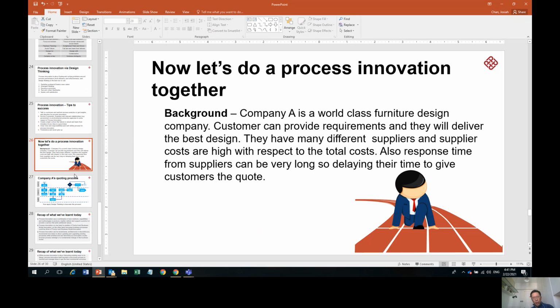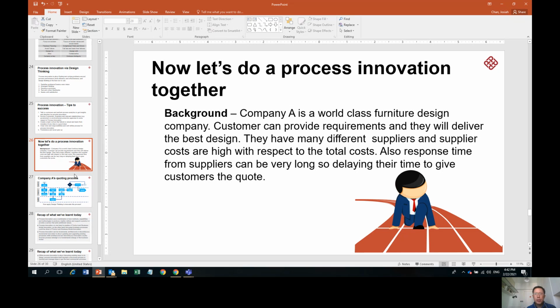Okay, so that is about design thinking, and how you can use it to apply to process innovation, the tips and the sharing. Now I think a very good exercise is for me to give you an example, a situation of a company.